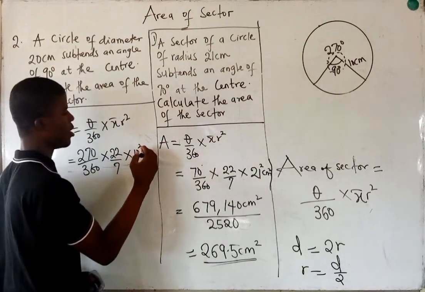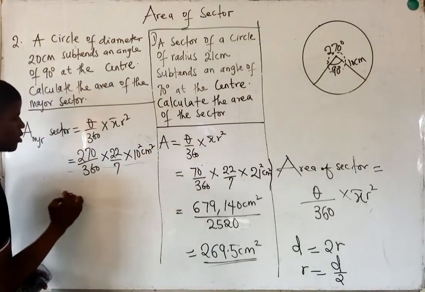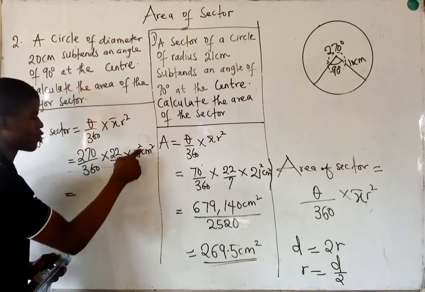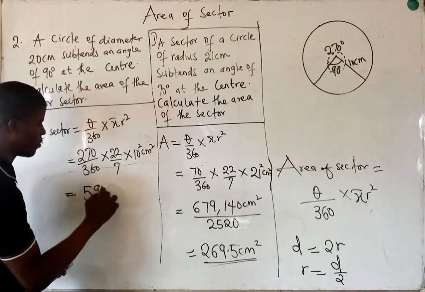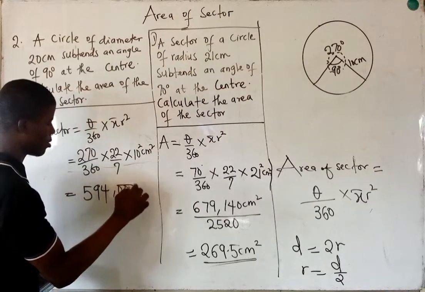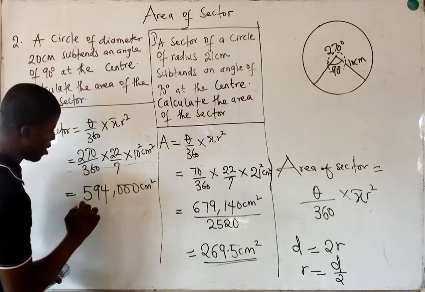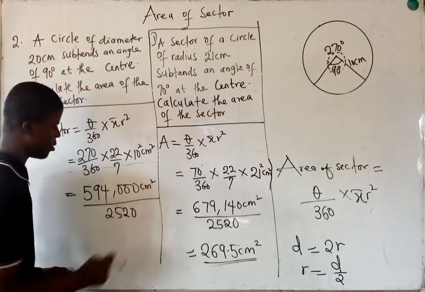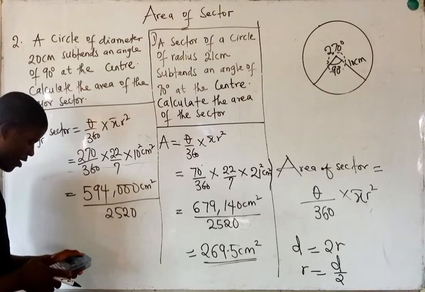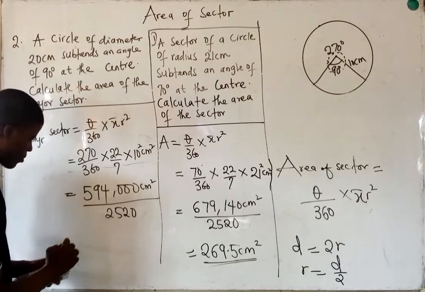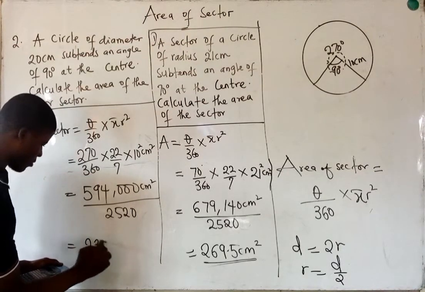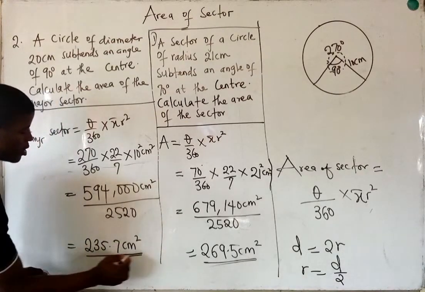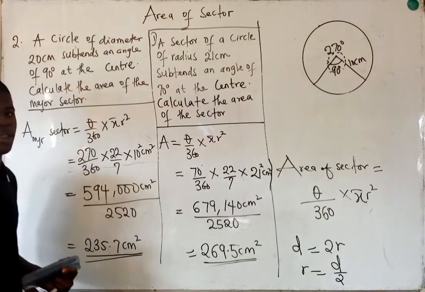That's 10 squared centimeter squared. And what will this give us? 270 times 22 times 10 squared is 594,000 centimeters squared, over 360 times 7, which is 2520. So this divided by 2520 is 235.7 centimeter squared. So this is the area of the major sector.